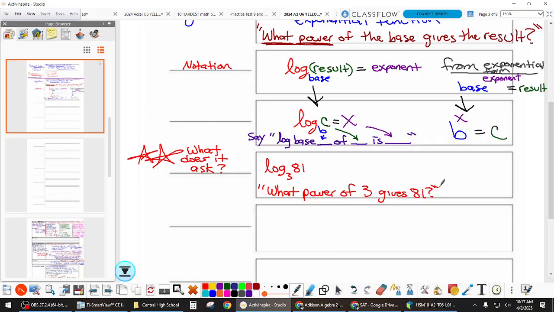Okay? What power of 3 gives 81, etc. That's just going to be an example for how to read these. And finally, today for this, that doesn't mean we're done, so don't pack up.